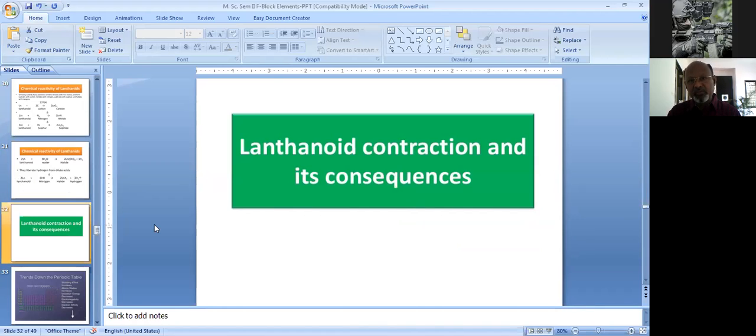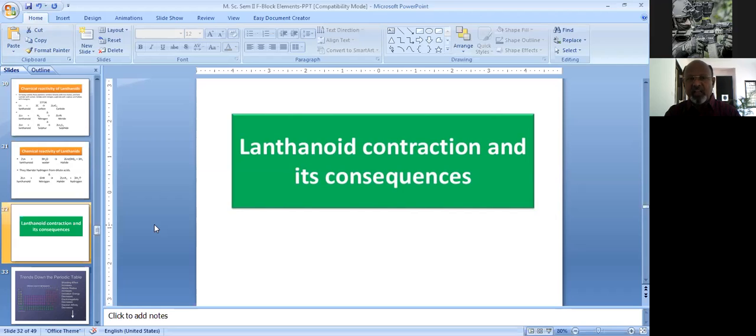In simpler terms, we can define lanthanide contraction as the steady decrease in atomic dimensions such as atomic size and ionic size with the increase in atomic number.